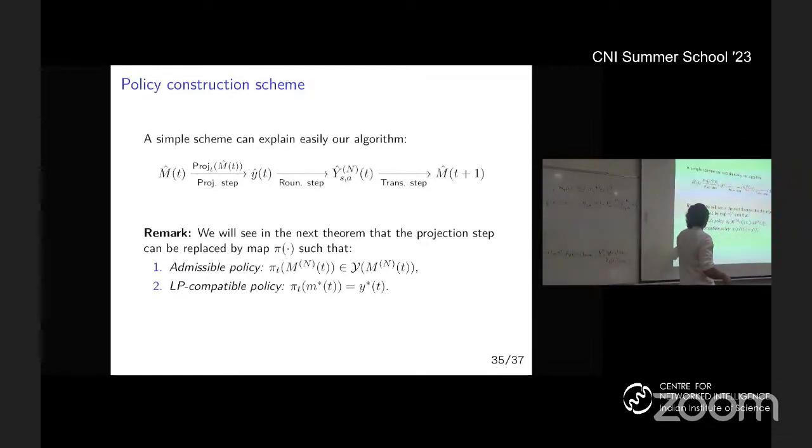You want feasibility, to ensure that you will be able to work in the n-arm case. And you want that at infinity, it gives you the exact result. And the key point is to find P satisfying that.